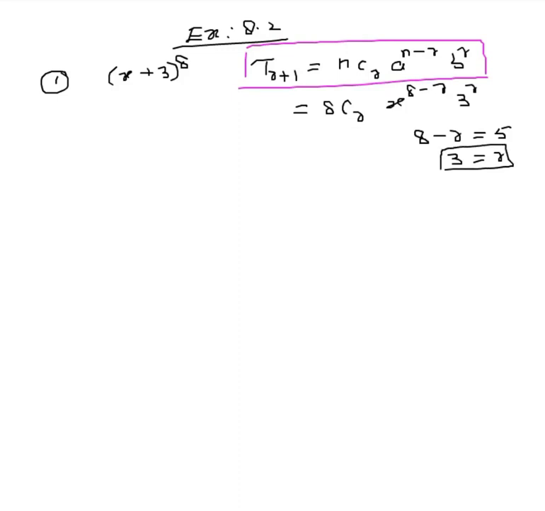Let us plug in the value r as 3. So 3 plus 1, we are writing the fourth term, which is 8C3 x^(8-3), which is 5, and 3^3. We need only the coefficient.